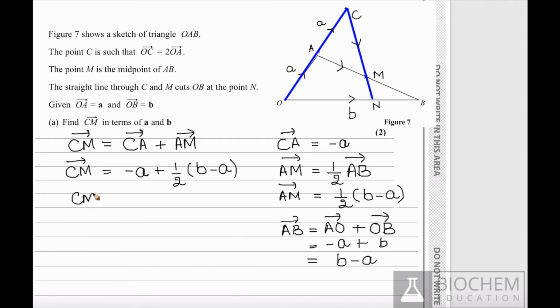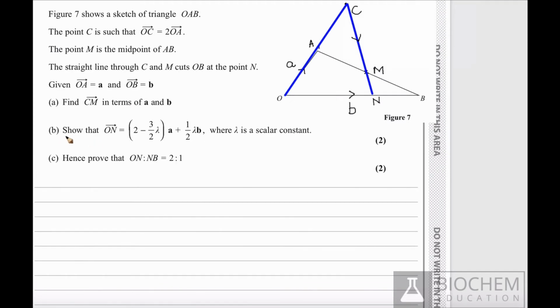CM vector equals negative a plus half b minus half a. Adding these like terms, we get our answer: CM vector equals negative a minus half a, which is negative 3 over 2 a, plus half b. And this is our final answer for CM vector.